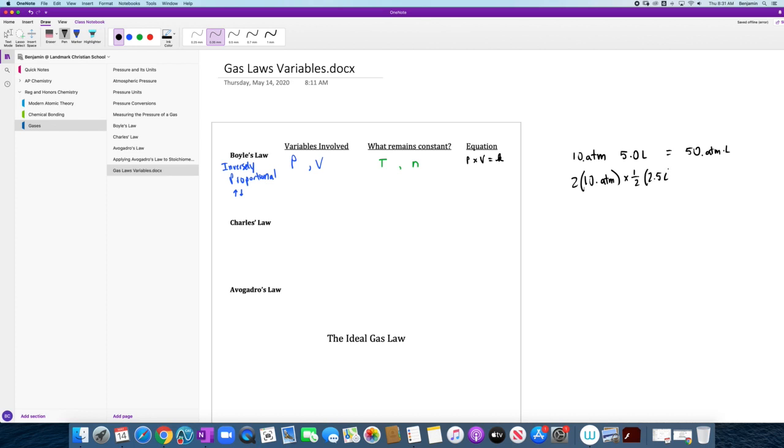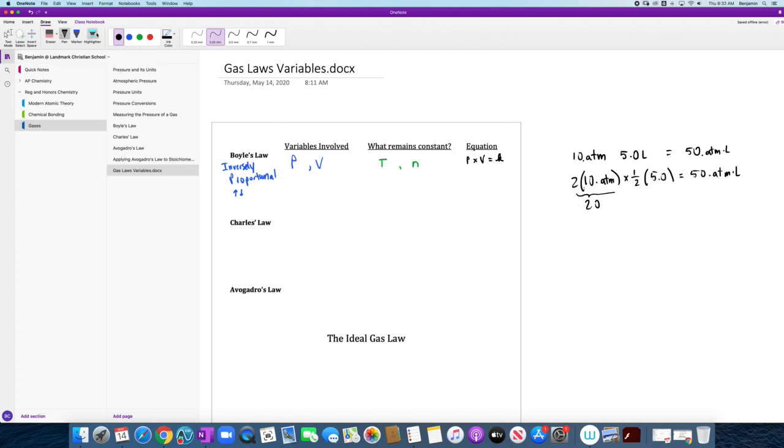It would have dropped down to 2.5 liters, and the product here is still actually 50 atmospheres liters. So again, don't worry about the units so much here, but the idea is we get a constant value, 20. This right here is 20, right? And this right here, oops, I should have put 1/2 times 5, my mistake, which is 2.5, right?